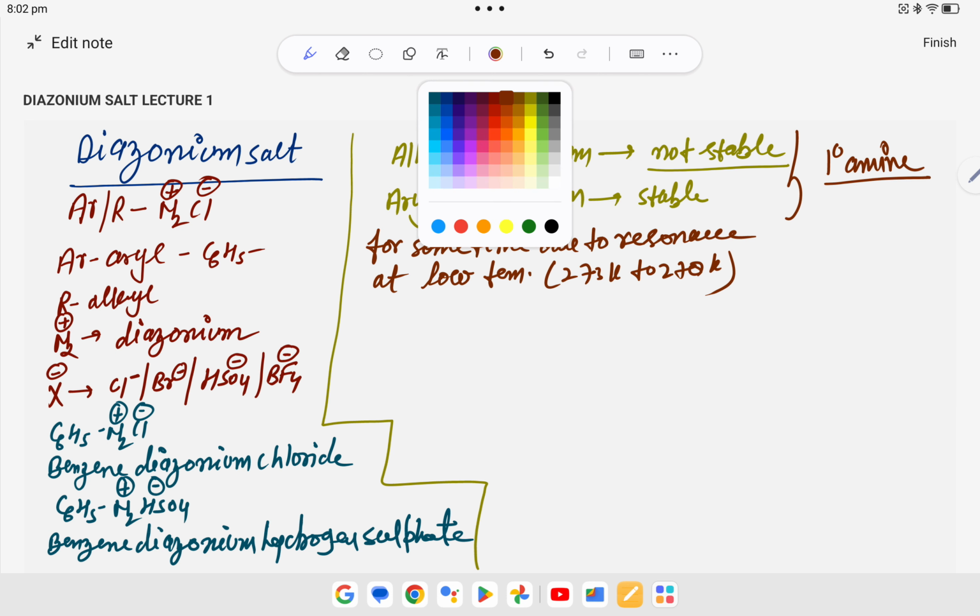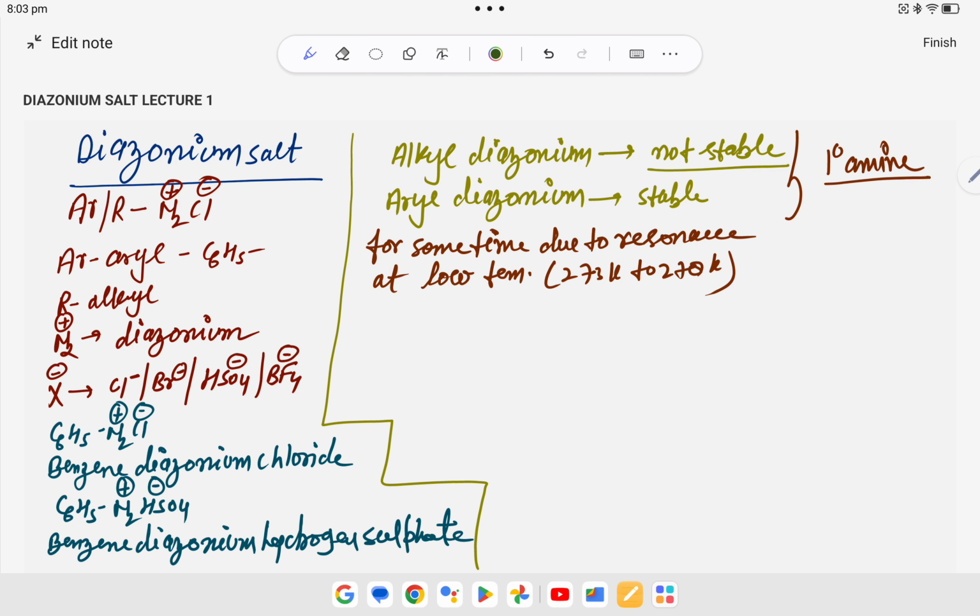So let's check the resonance, children. Okay, so here this is the species: alternate double bonds, nitrogen, triple bond, nitrogen. Nitrogen is having positive sign. What happened here?